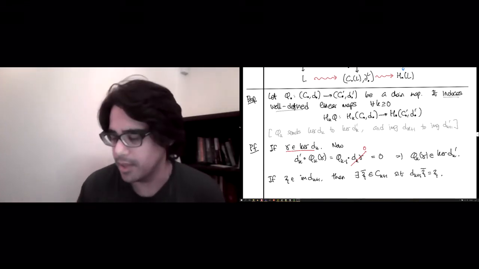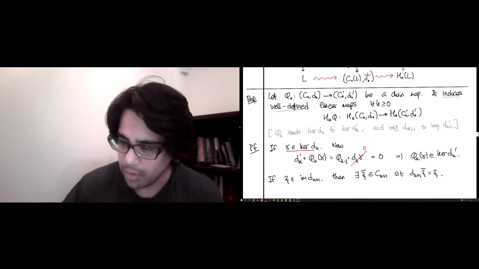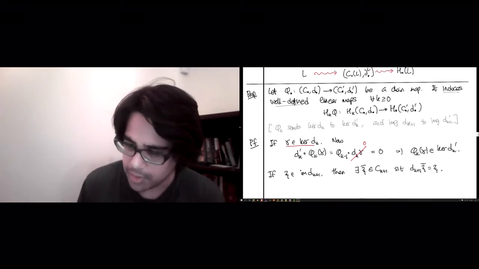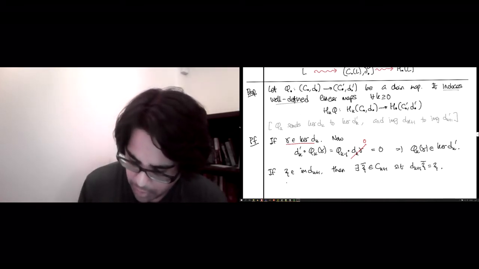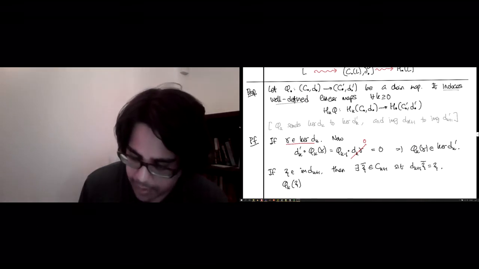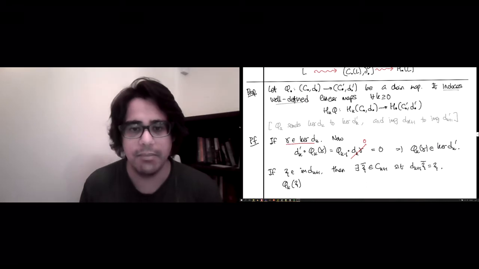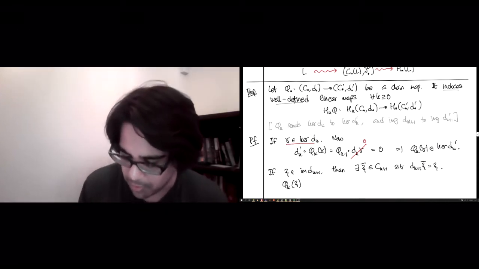That's what it means to be in the image of d_{k+1}. Okay, now let's see what happens if you look at phi_k of xi. And the claim is that this thing, phi_k of xi, has to be in the image of d_{k+1} prime. That's what we want to show.